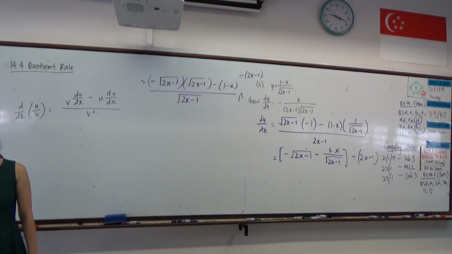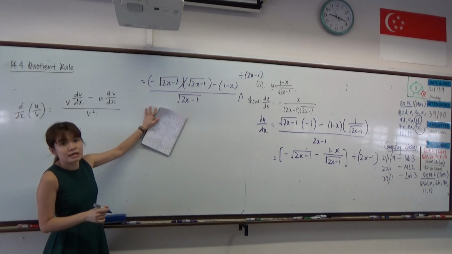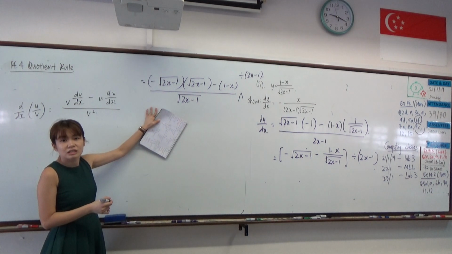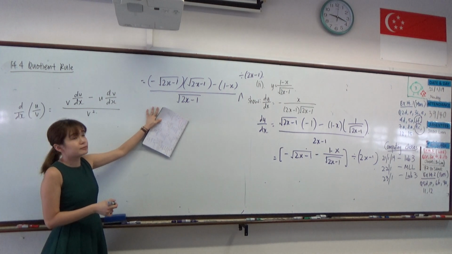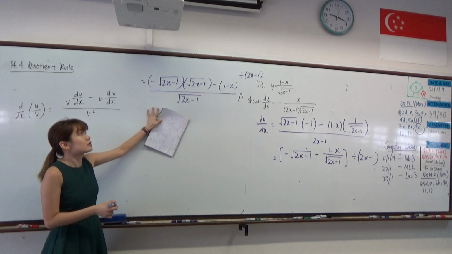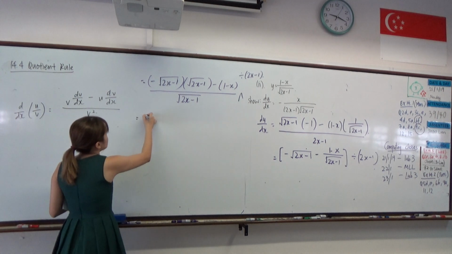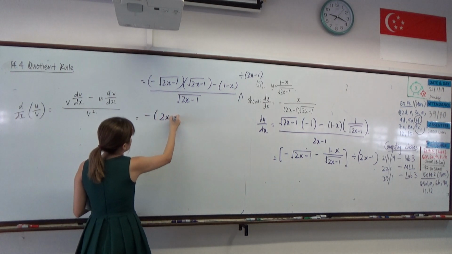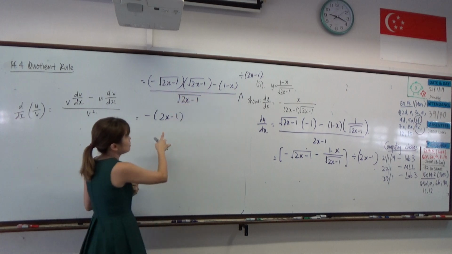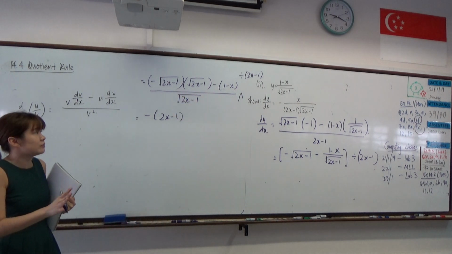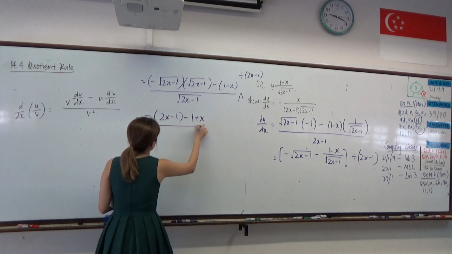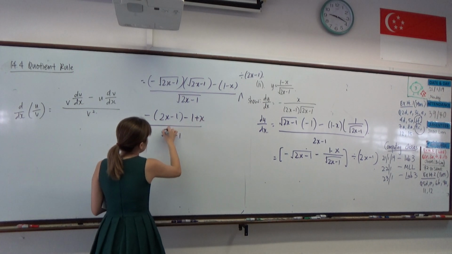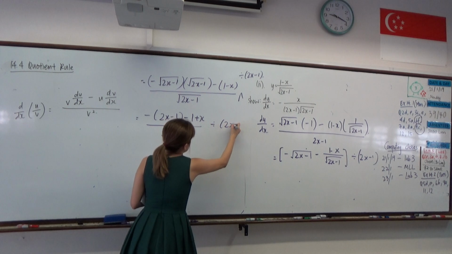Up till here is everyone algebraically sound? Anybody already found it algebraically challenging up to this step? Okay, so then after that you will get negative 2x minus 1 because this is square root, then you remove the square root already. Right, so minus away 1 plus x over square root 2x minus 1, so divide by 2x minus 1.